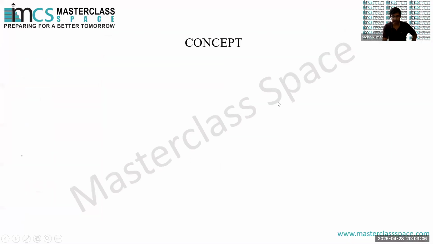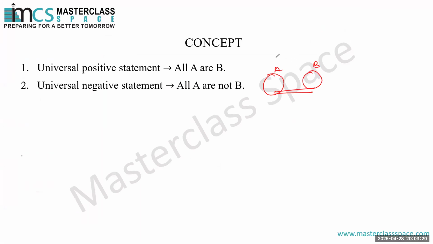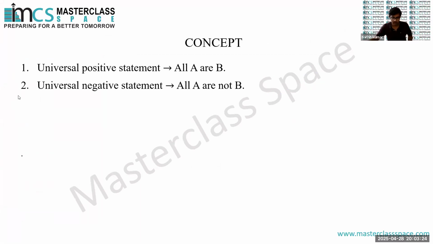No A is B means A is here, B is here. Is this clear? Yes, sir. Okay, let's keep this in mind: A and C should be disjoint. Okay, let's see.